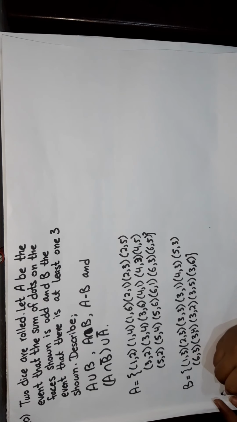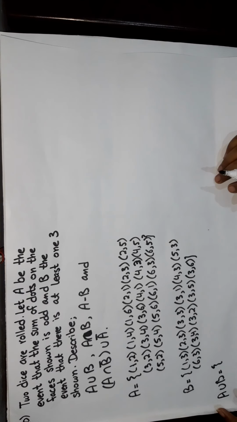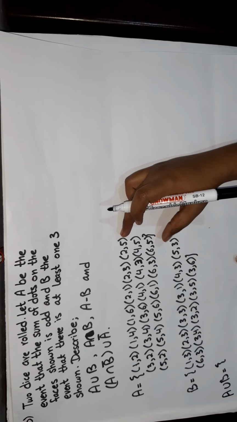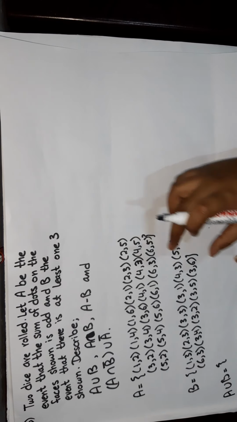A union B, as I have told you before, means we have to combine both the items or elements of event A and event B in one set. So now we'll start writing the items of both events.